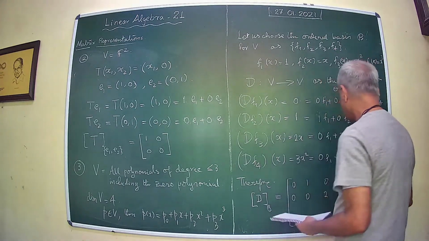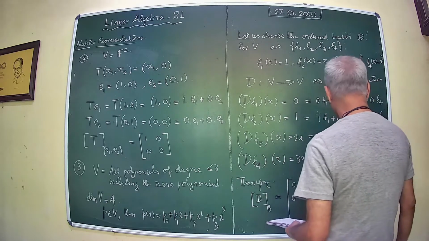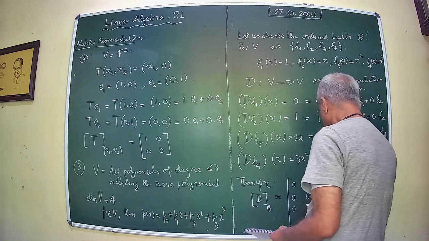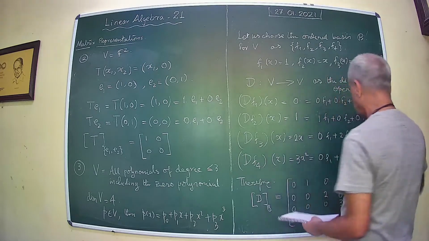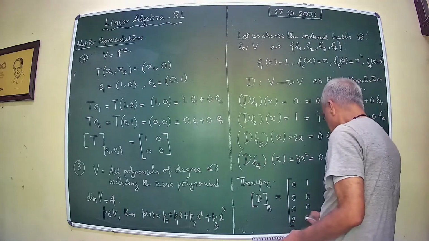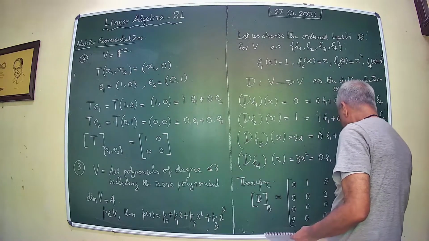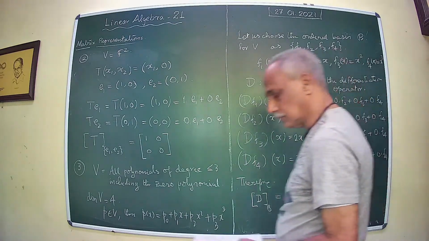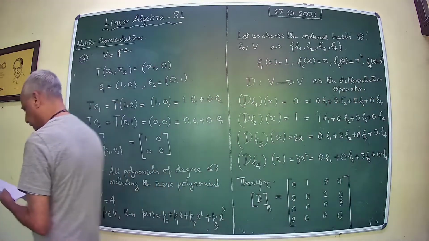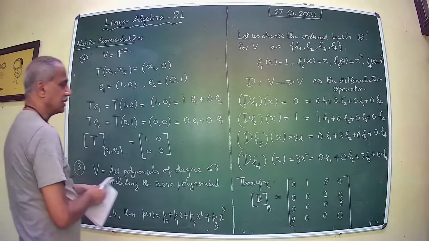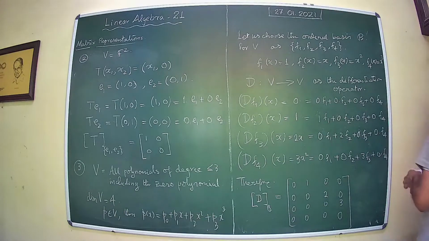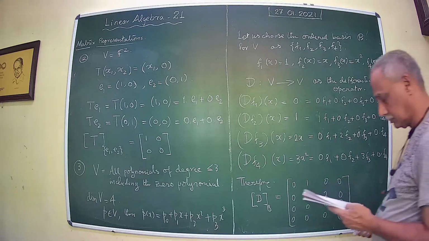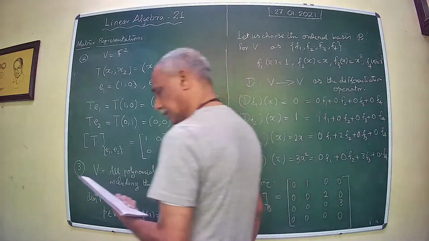The next one is 0, 0, 0, 3. So this is the matrix representation of D with respect to this basis.